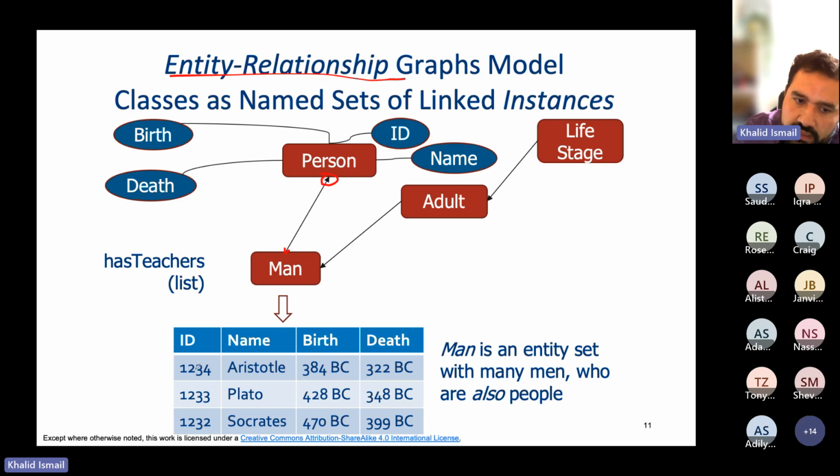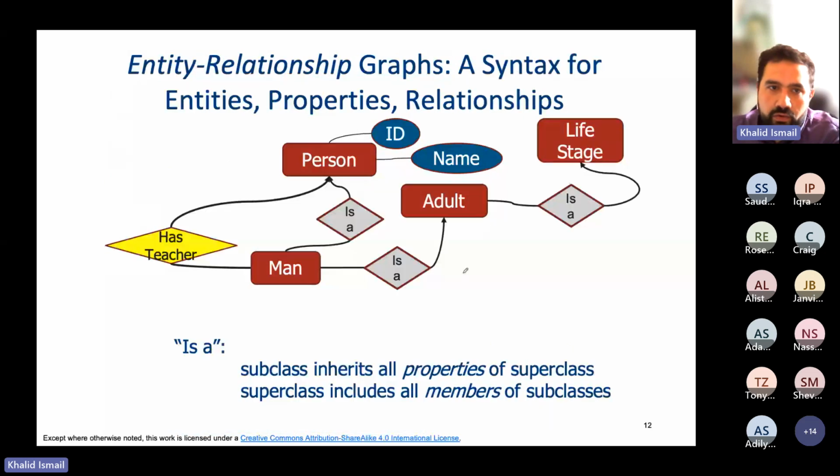And for each record here, so you can see here each record or each instance or each row represents a person, in this case Aristotle and Plato and Socrates. Okay. So there is another way of representing the ER graphs, which is simply by using a symbol for the relationship itself.